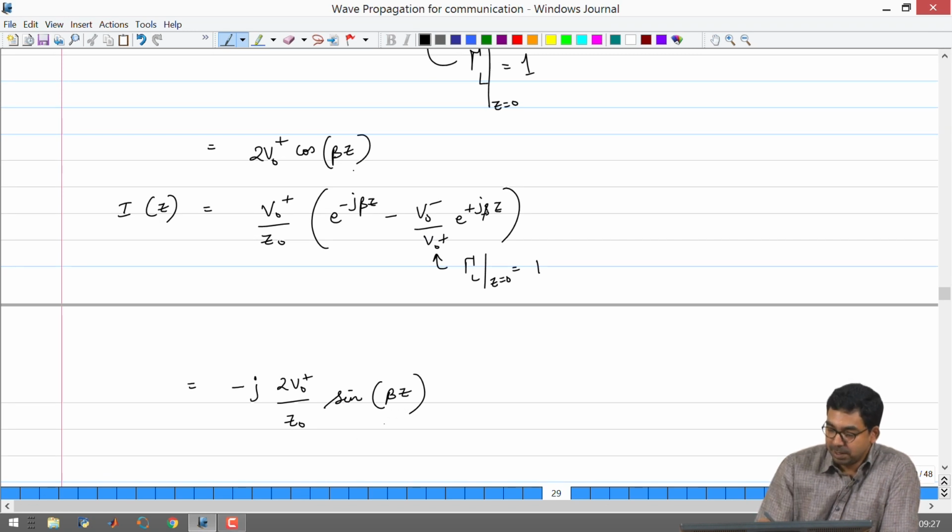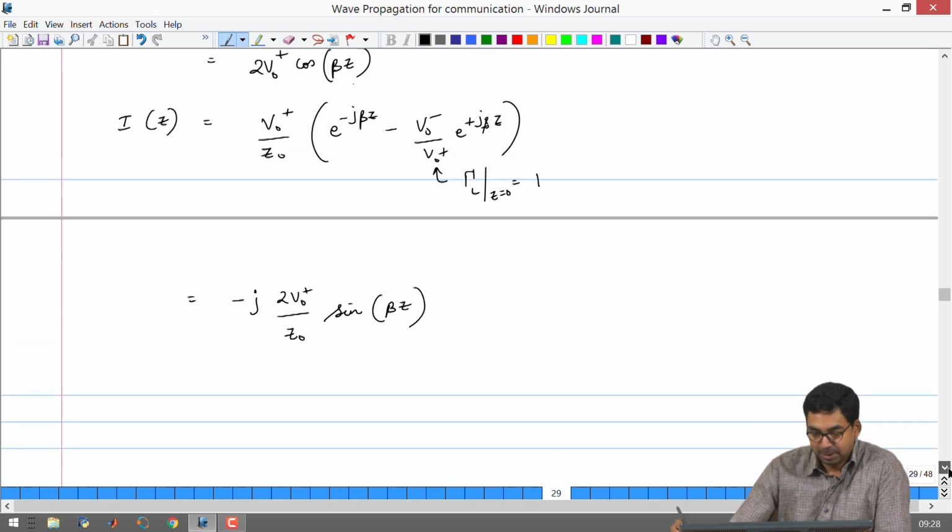So, there is a good possibility that at position z equal to 0, the denominator will become 0 for the expression for your impedance, and it is going to look like infinity, but there is going to be another place where the numerator is 0. So, the impedance is equal to 0 there. We need to be clear about what is the distribution of impedance in the transmission line, and we need to derive some meaning from it.